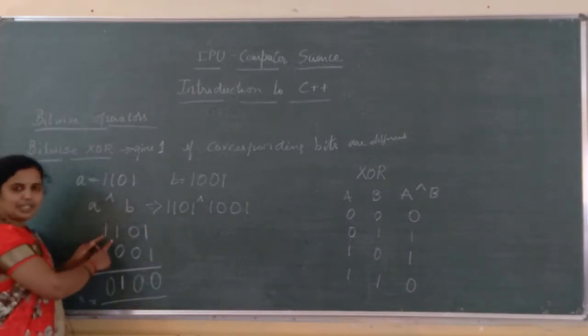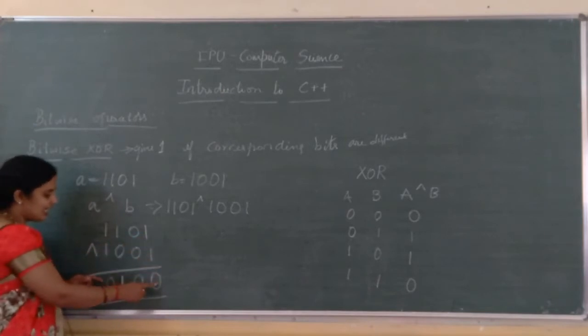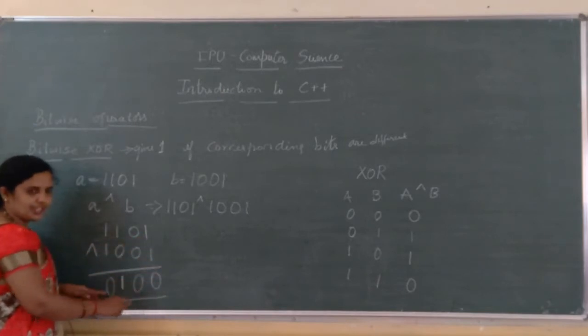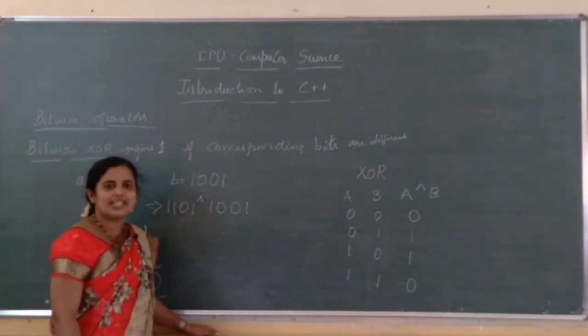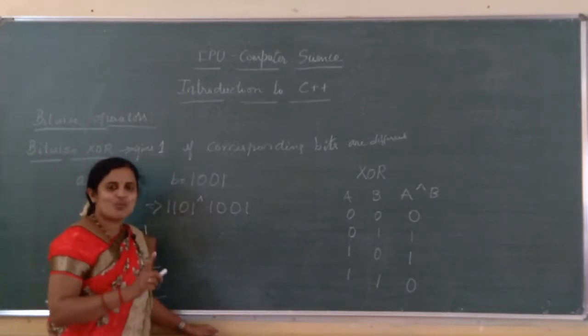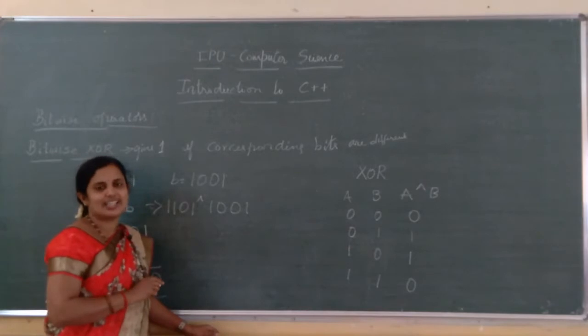According to the table, if corresponding bits in A and B are the same, I get 0; if they are different, I get 1.